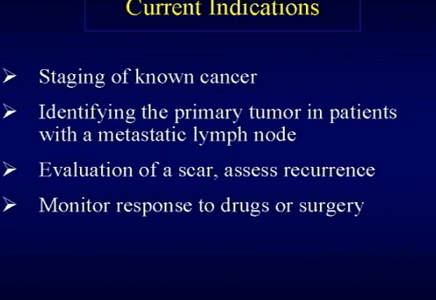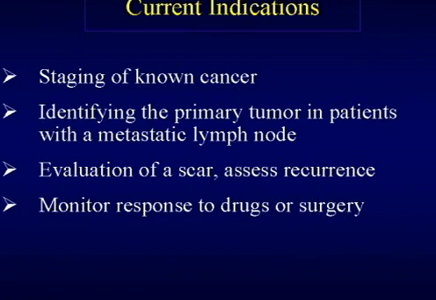So now let's get into this topic. The current indications for MR and breast cancer, the biggest one is staging of known cancer. This is an extent of disease evaluation. You're trying to determine if there's any additional cancer in the same breast or in the contralateral breast. The next indication is in a patient where you're trying to find the primary tumor when they initially present with a metastatic axillary lymph node.